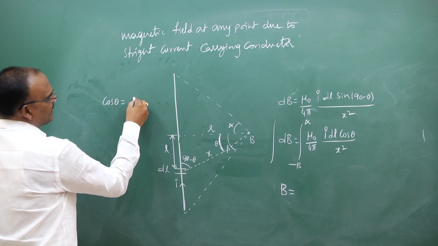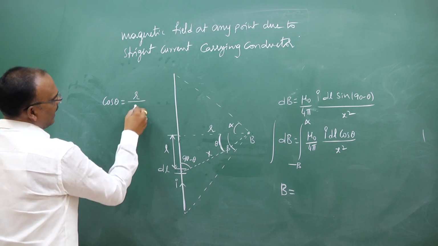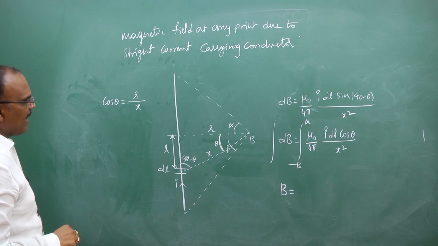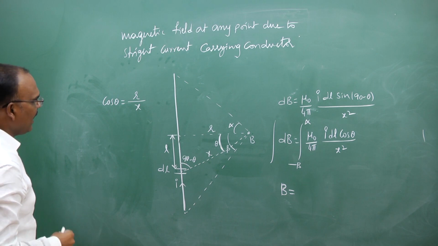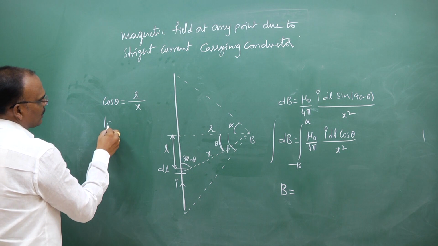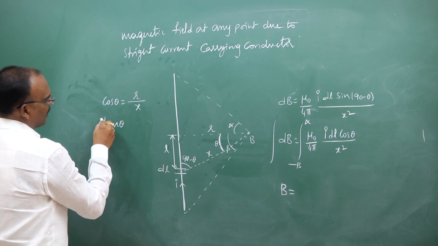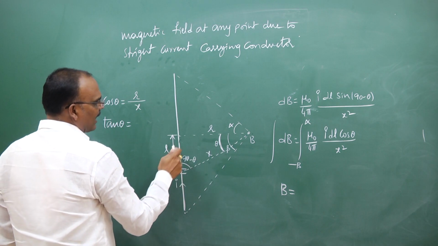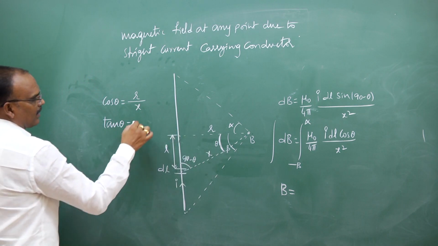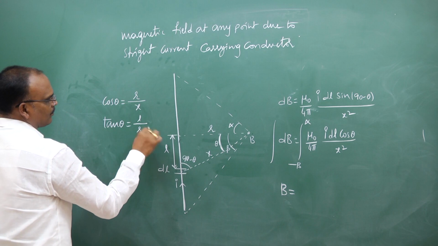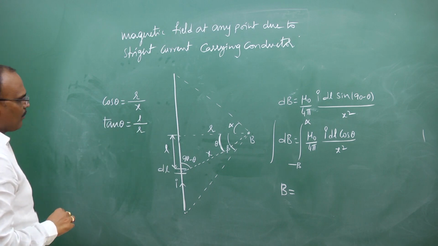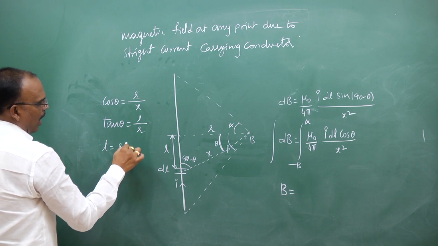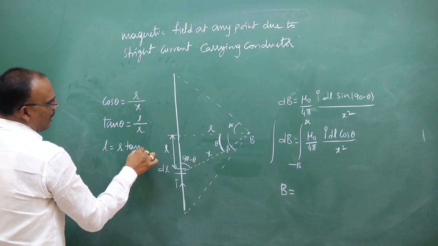So cos theta is R by x. Similarly, I use another trigonometric function, tan theta, which is opposite side by adjacent side, that is L by R. From this I can write L is equal to R tan theta.